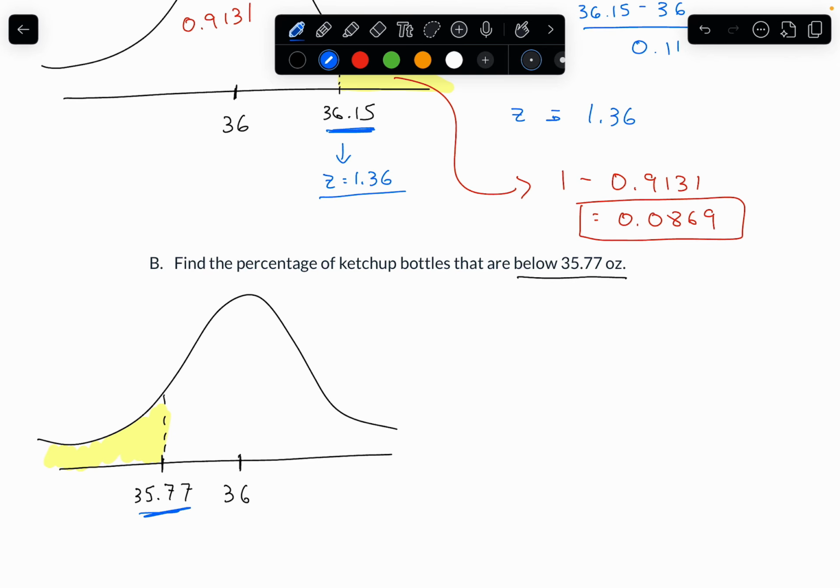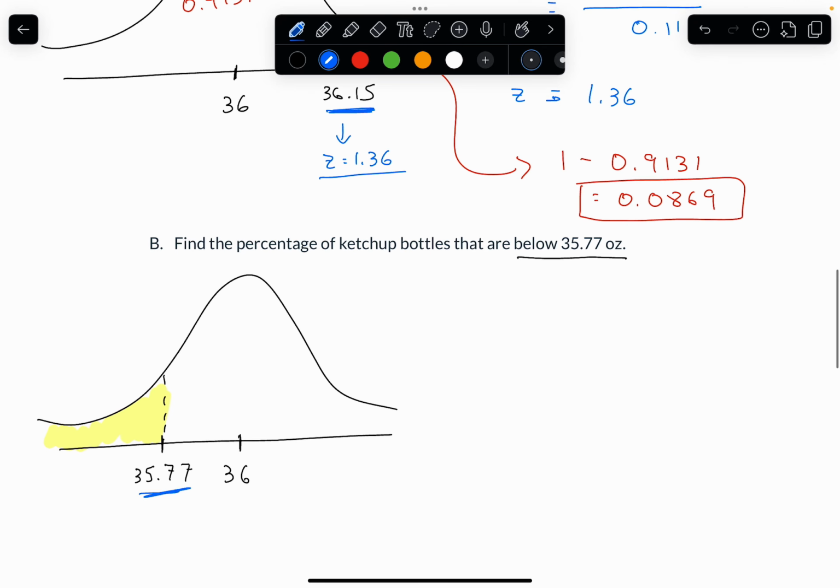So I know the area that I want to talk about. I just need to find the z-score corresponding to this number. So z equals my observation, which is the data value that I have, 35.77, minus my mean, 36, and then we want to divide that by our standard deviation, which is 0.11.